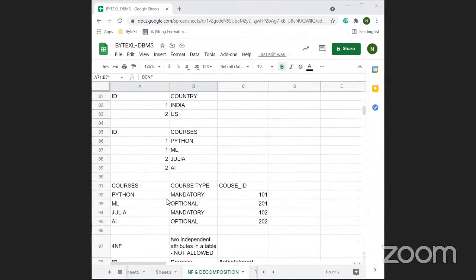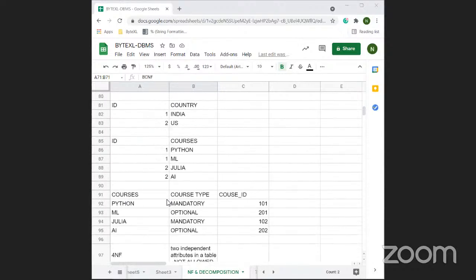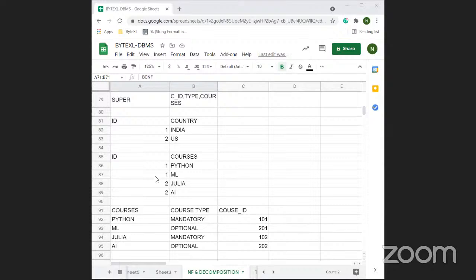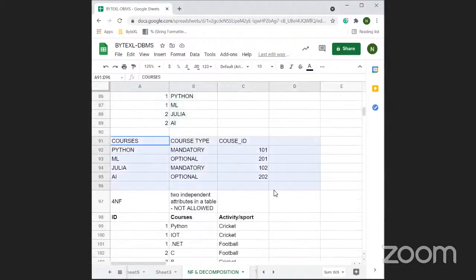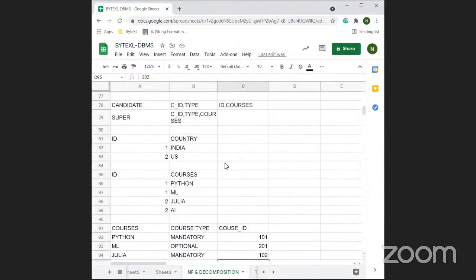Now, how would this Boyce-Codd normal form work? Very simply, we are dividing it into further tables, based on ID and courses, and then about those courses, a separate table. There are no duplicate values now. That means what courses a student is doing is looked up in one table.